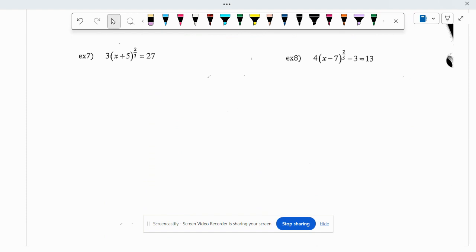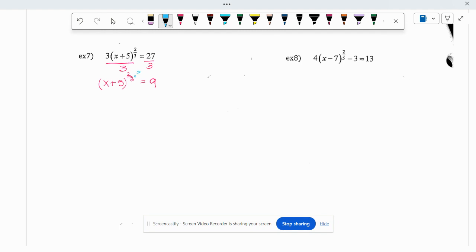The first thing I need to do is divide both sides by 3. That gives me x plus 5, the quantity, to the 2/3 power equals 9. All right. So I want to get rid of this radical, or this fractional root, or this fractional exponent.